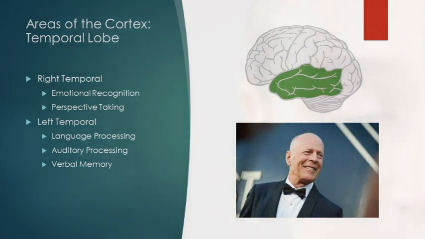Now remember, there's lateralization here, and there's probably more lateralization in the temporal lobe than in others. Basically, this is how I describe it. Your right temporal lobe is your private self. Your left temporal lobe is your public self. If you think of it that way, you have a better sense of how this is all divided up.